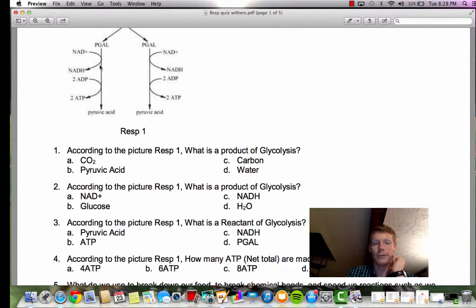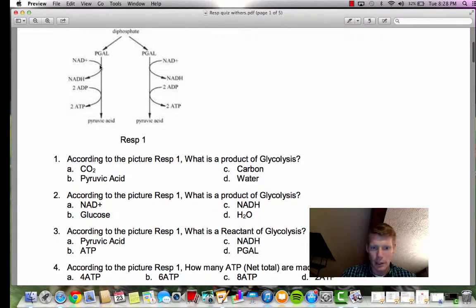Question 4. According to the picture, respiratory 1, how many ATP net total are made per each glucose molecule? Is it A, 4 ATP, B, 6 ATP, C, 8 ATP, or D, 2 ATP? So according to the picture, how many total ATPs are made?